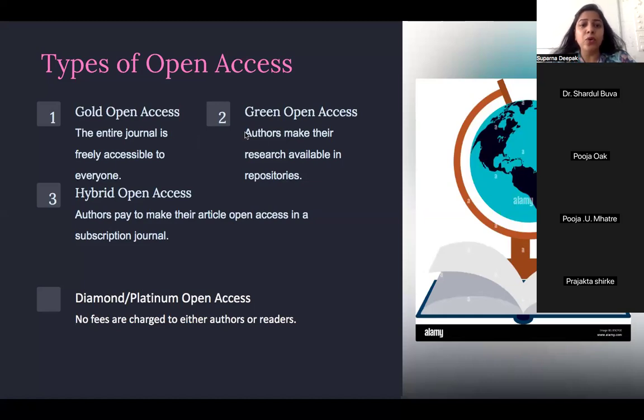Then we have green open access, where authors make their research available in repositories. That means the author has free access to their paper and is allowed to publish it in, say, ResearchGate or academia.edu, which are repositories.